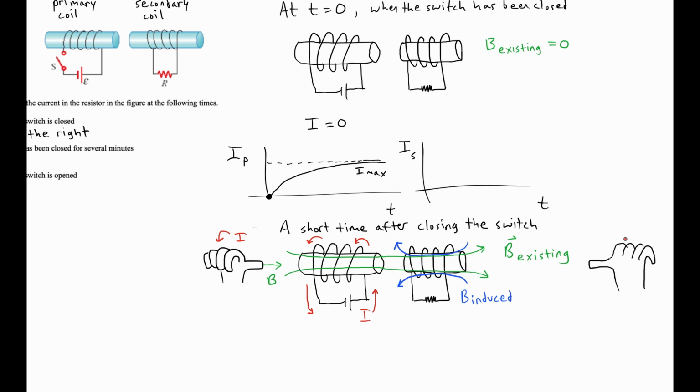Alright, the curl of the fingers will tell us the induced current direction. Notice that the wrappings of the wire here are a little bit different than they are on the left. That's something to watch out for. So we see here that current is going to flow up that wire and then down this wire. So current flows to the right.